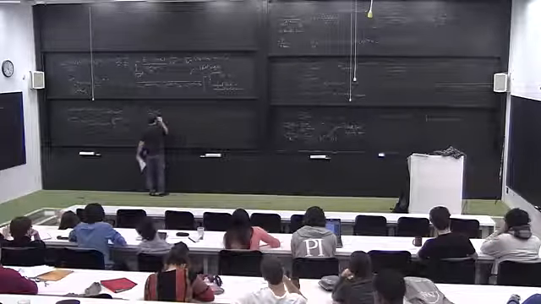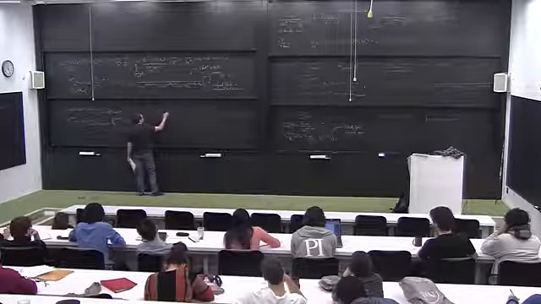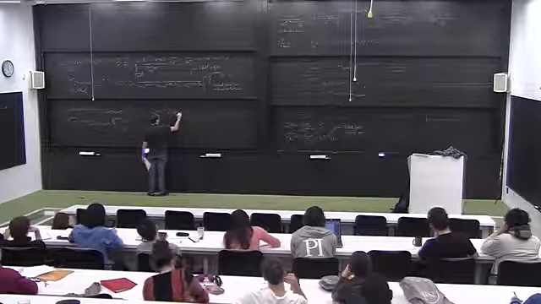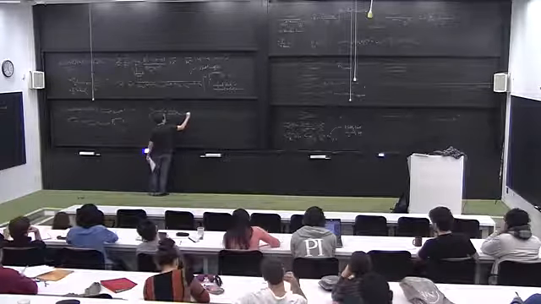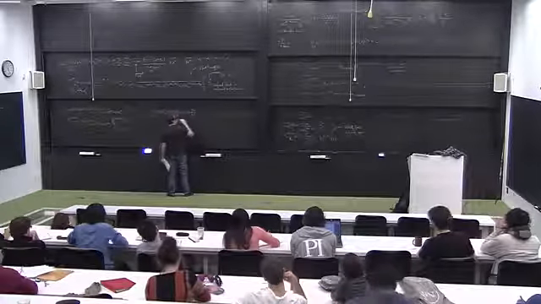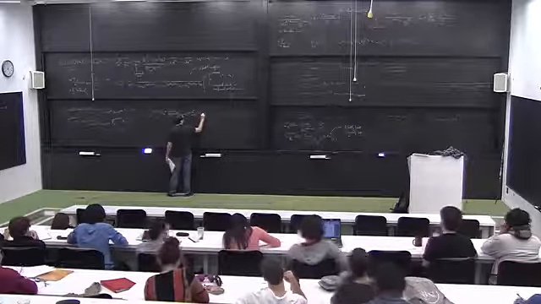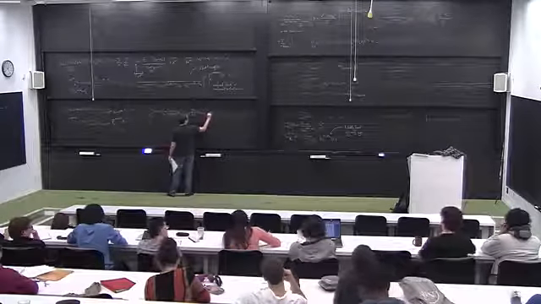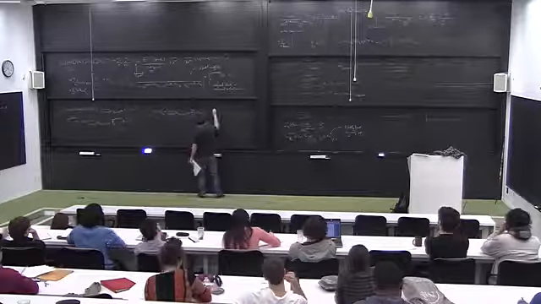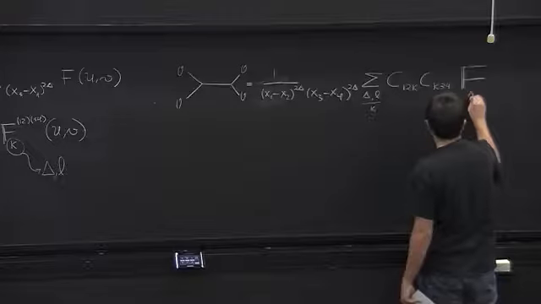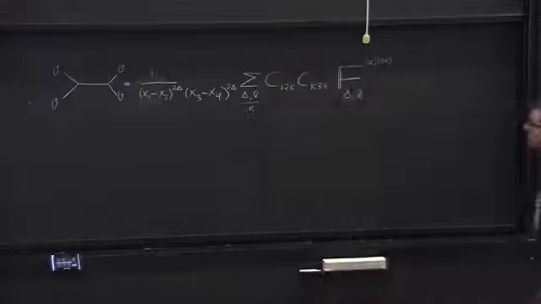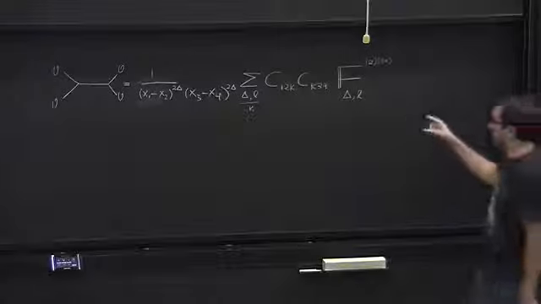Now for 4 operators which are the same, O, it would be given by 1 over x1 minus x2 to the power 2 delta, x3 minus x4 to the power 2 delta, sum over operators of dimension delta and spin L, C_{12k} C_{k34}, where k is this operator, and then some known function that has labels delta and L, and it also knows about the external operators. It also knows about delta 1, delta 2, delta 3, and delta 4.